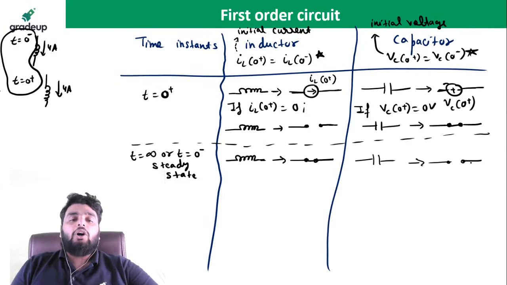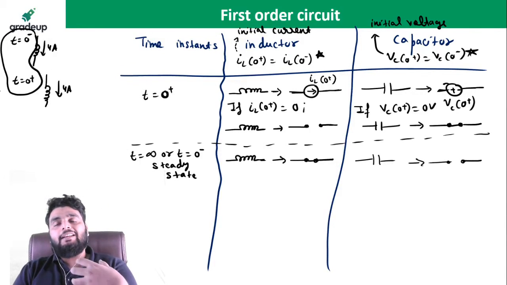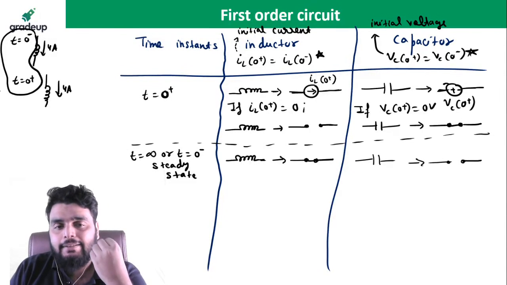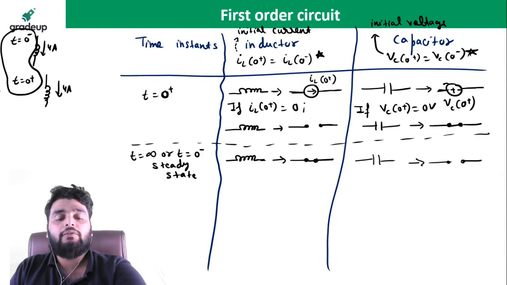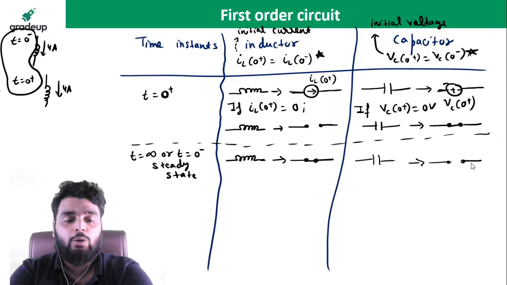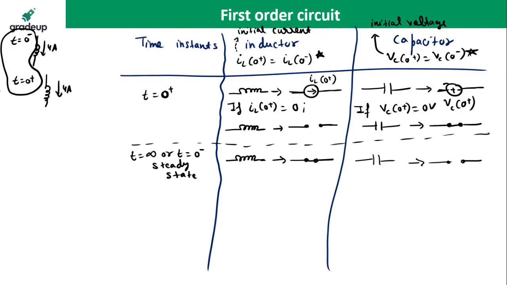Because t equal to infinity or 0 minus is a steady state, and at steady state the capacitor does not allow DC to pass, so it acts like an open circuit, but the inductor allows DC to pass, that's why it acts like a short circuit.